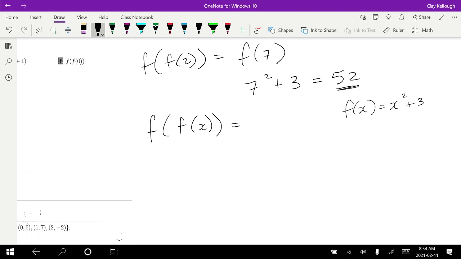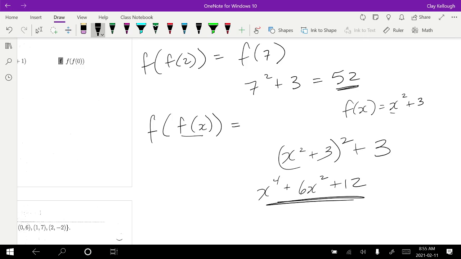So I would like to put f of x into x. So I want x squared plus 3, squared, plus 3. Got it? I replace the variable with the thing I'm telling you the variable is. And that's going to be x to the 4 plus 6x squared plus 9 plus 3, which is plus 12.